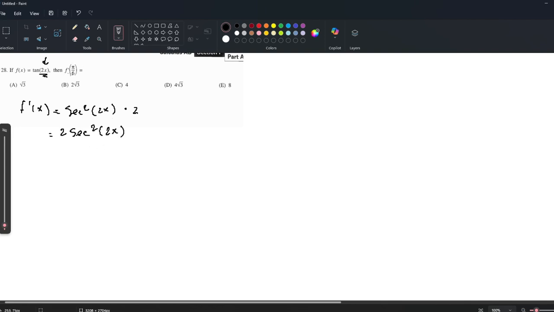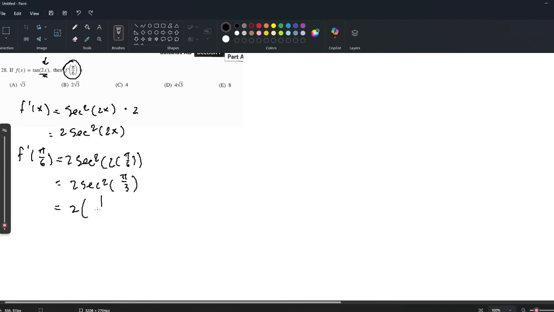And now to find f prime of pi over 6, we plug in pi over 6 into all of our x's. Now we simplify. And now I'm going to rewrite secant as 1 over cosine.